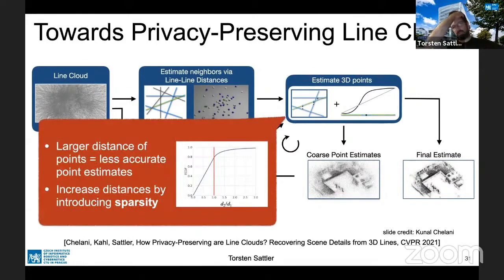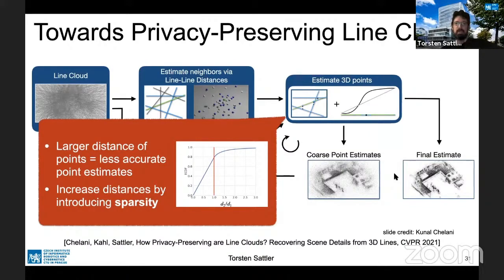There are two things that our algorithm relies on. One is we need a good estimate of the neighborhood of the original 3D point cloud, because close-by points give us good candidates for recovering 3D points. And one way to make it harder to get good 3D point estimates is to introduce sparsity.